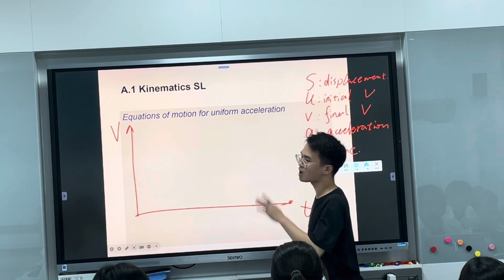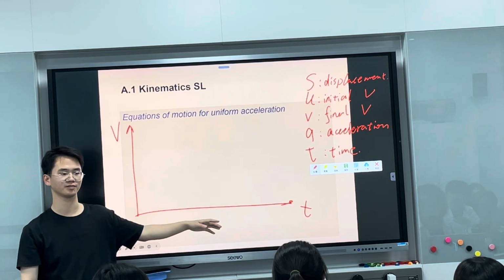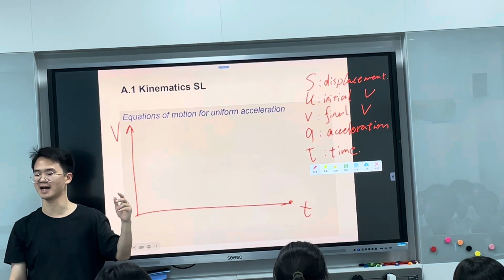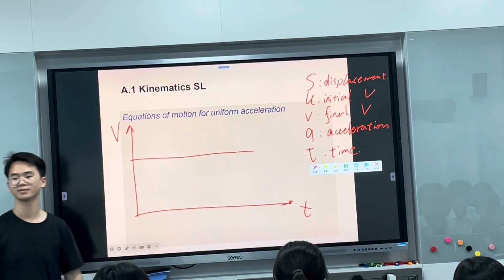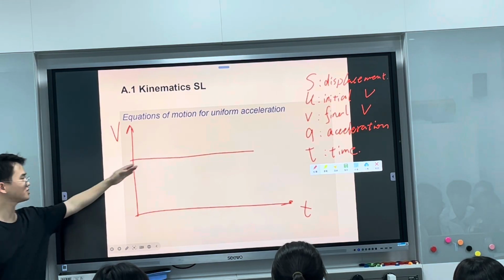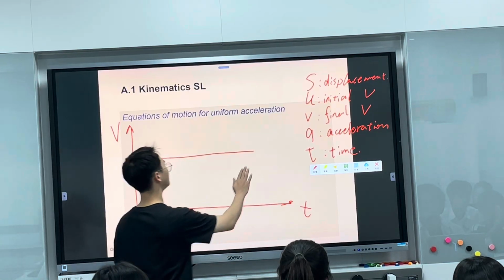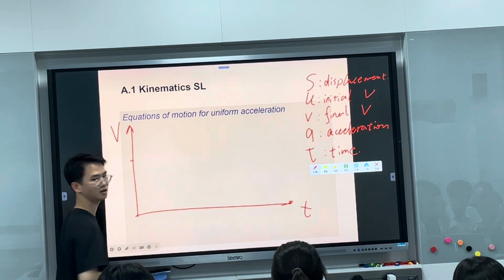Let's start from the very simple thing. If without acceleration, what should the graph look like? Horizontal line, right? Straight horizontal line. Acceleration is 0, so the gradient is 0, so that's horizontal. Right? Okay. Now, what if it has acceleration? Can it still be horizontal?